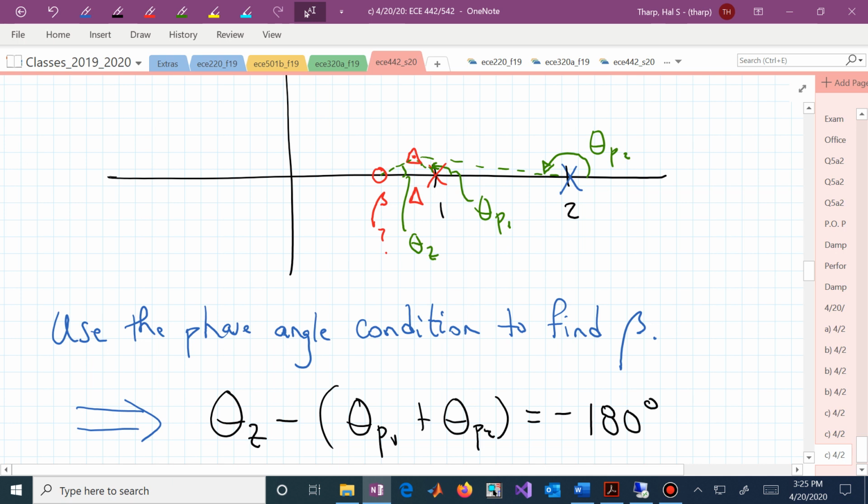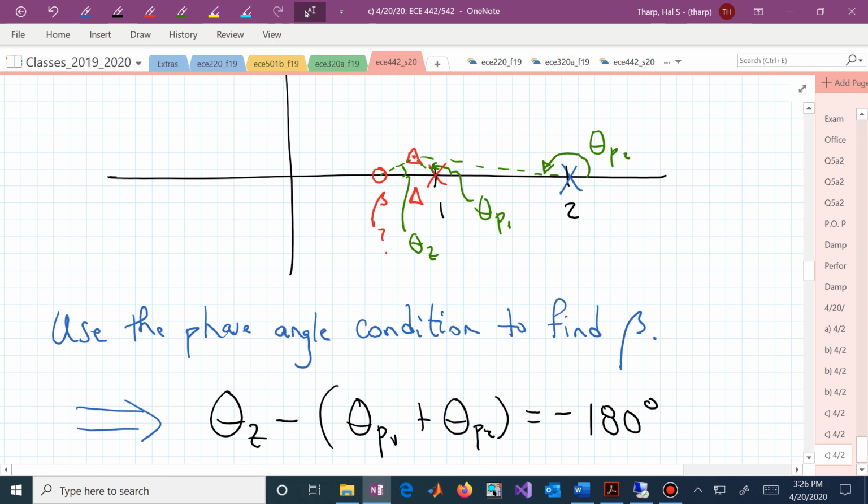That's a branch on the root locus. That's not one of your open loop poles. So you don't use that in the phase angle condition. You have theta z minus the sum of theta p1 plus theta p2. That needs to equal minus 180 degrees.